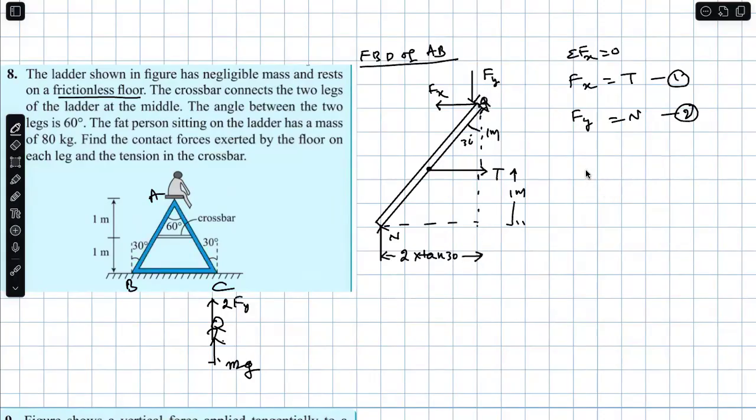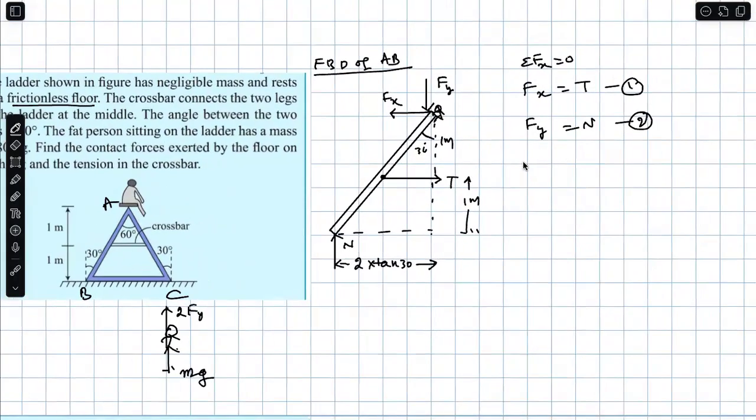About this point, if I apply torque, tension times 1 meter is equal to N times 2 tan 30. N means Fy. Fy means mg by 2 into 2, 1 by root 3. So the answer is mg by root 3.